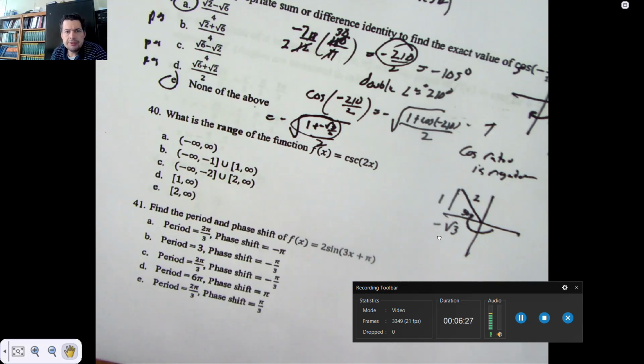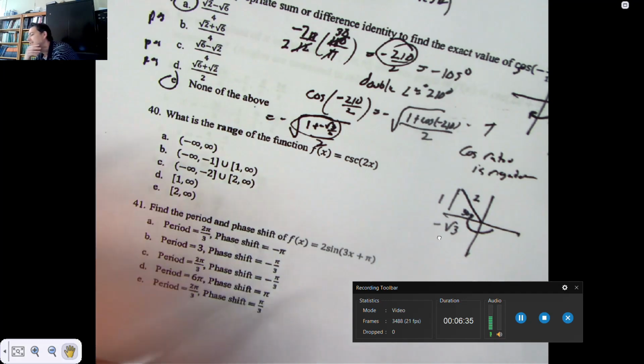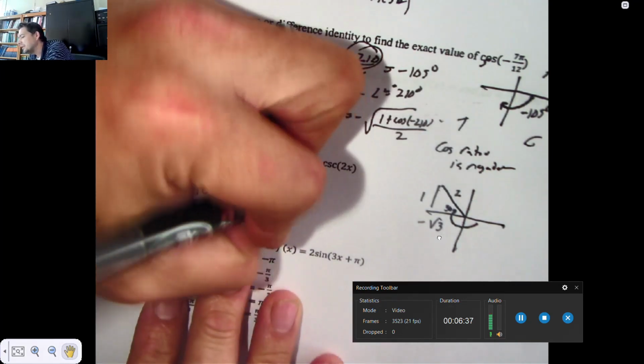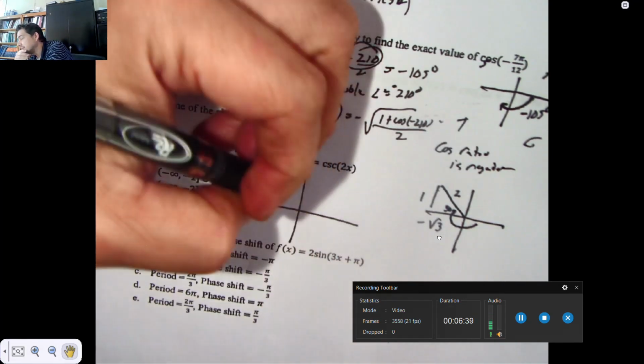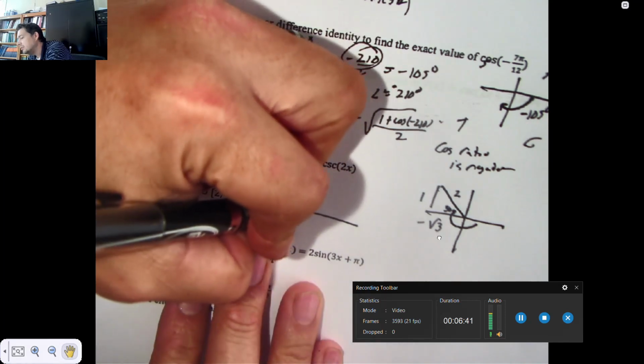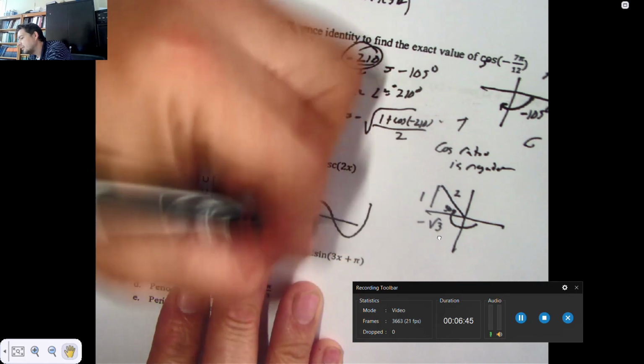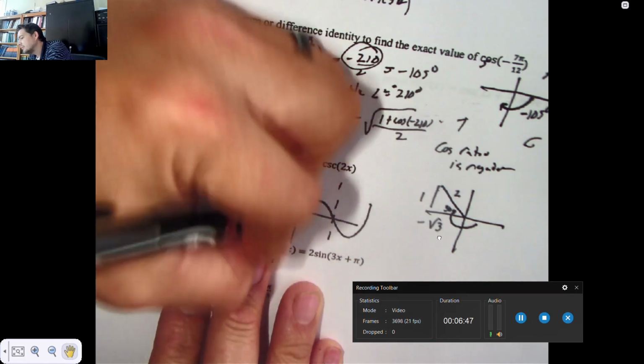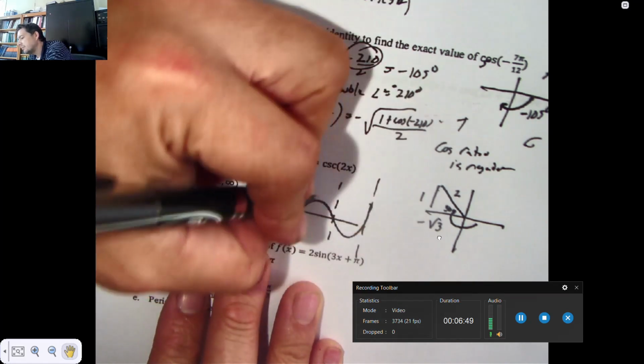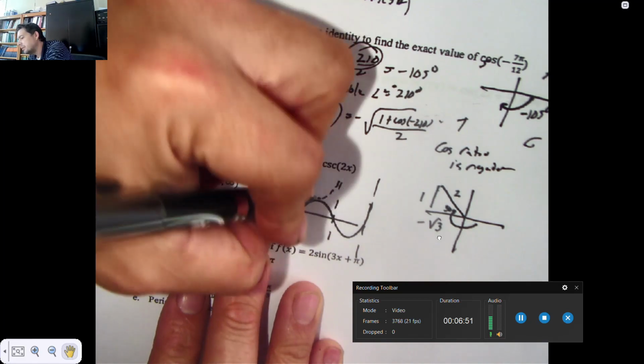Number 40, what is the range of the function f of x equals... oh, God. Really? Ugh, hideous. I don't know if you remember what cosecant looks like or not. Seems like sine starts low, and cosecant is what happens when you flip these parabolas here.